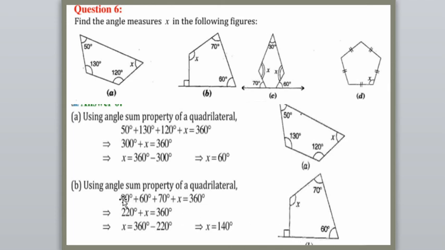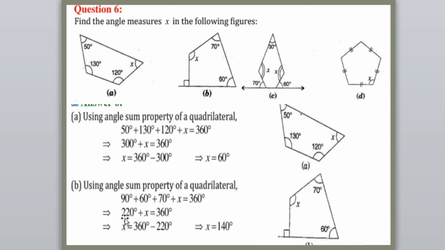It means 90 degree plus 60 degree plus 70 degree plus x equals 360 degree. Now we will get the value of x by solving this. 90 plus 60 plus 70 is 220 degree, then 220 degree plus x equals 360 degree.